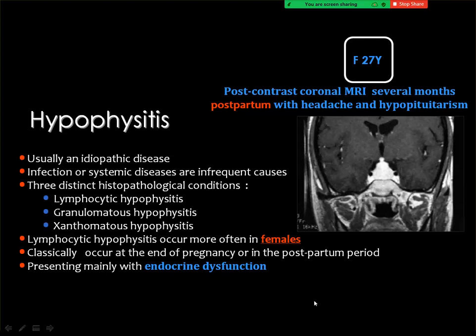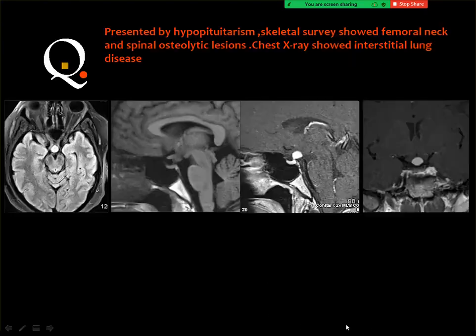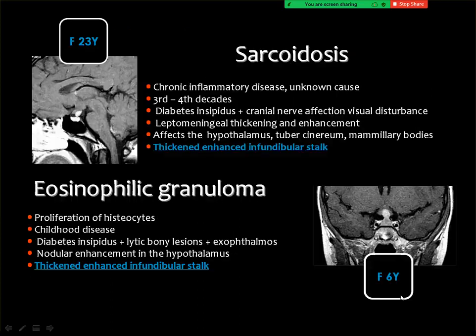And if you see this particular history, adult female, recent delivery, and postpartum hypopituitarism, you think of lymphocytic hypophysitis. The second lesion, which is seen in the pediatric age group, is Langerhans cell histiocytosis, which also involves the pituitary gland and the infundibular stalk.